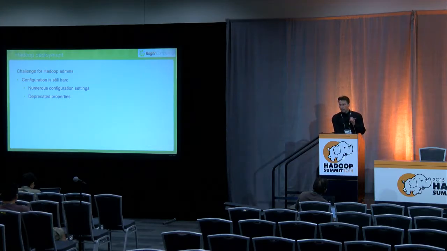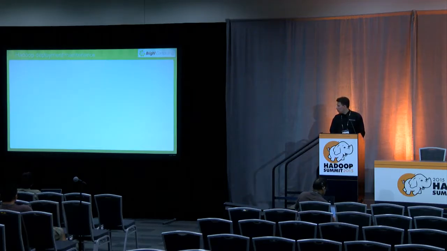To be even more specific about these parameters, there are so-called deprecated configuration parameters. Certain parameters are not used in Hadoop versions 2.0 and higher. Then issues with migration from Hadoop 1 to Yarn also might be a problem.